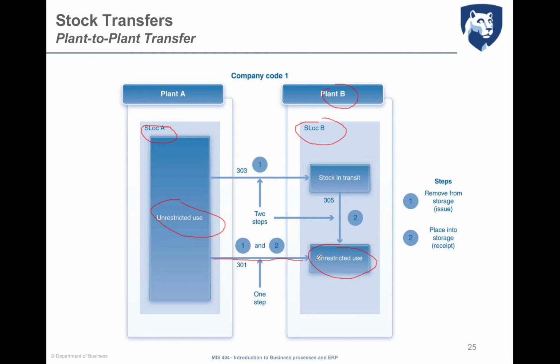While instead in the two-step procedure, being a two-step, the material is first placed in the stock in transit status, and then once the goods receipt activity is registered, the material changes status from stock in transit to unrestricted use, meaning that the materials have actually been received and put in the proper status.